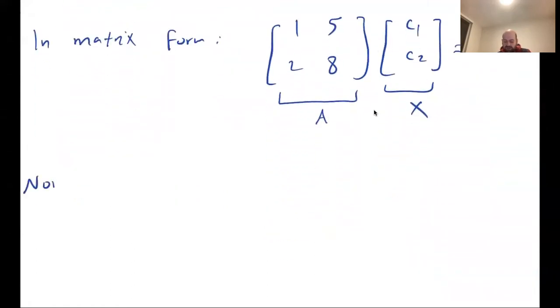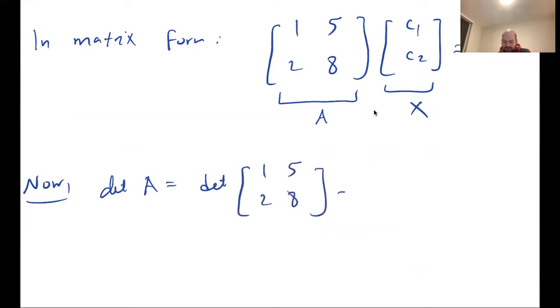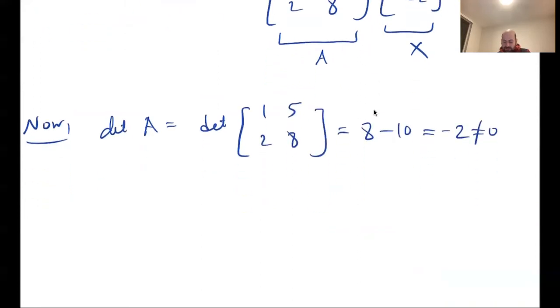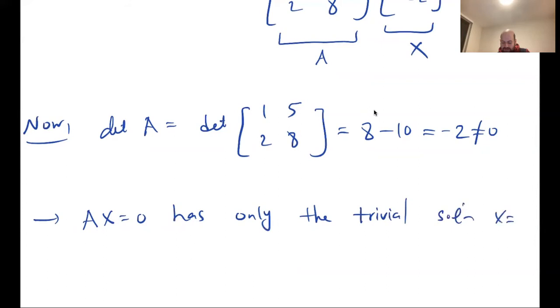So now, determinant A equals the determinant of [1, 5; 2, 8]. That's 8 minus 10, which is minus 2, and that's non-zero. So by the theorem above, we can say that AX equals 0 has only the trivial solution X equals 0.